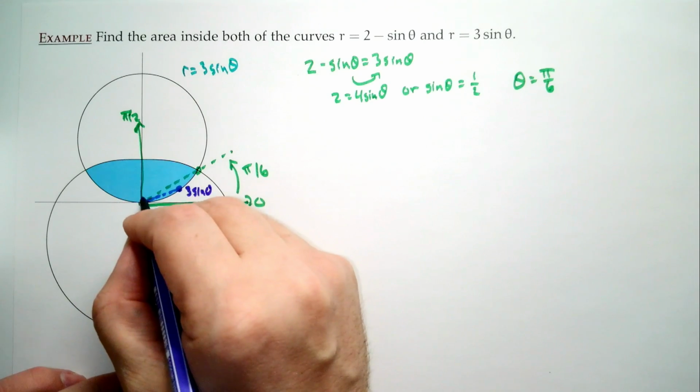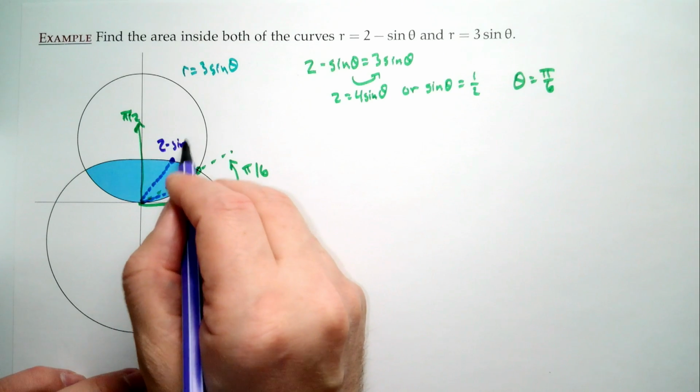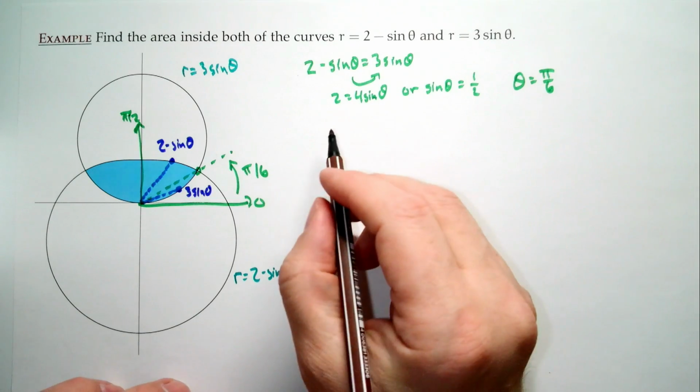If your angle is high, you go out to the 2 minus sine theta. So we really have two separate problems. Between 0 and pi over 6, we find our area out to this curve. Between pi over 6 and pi halves, we find our area out to a different curve. That means we get to do twice as much work, which is good, because the more we work, the better we get.